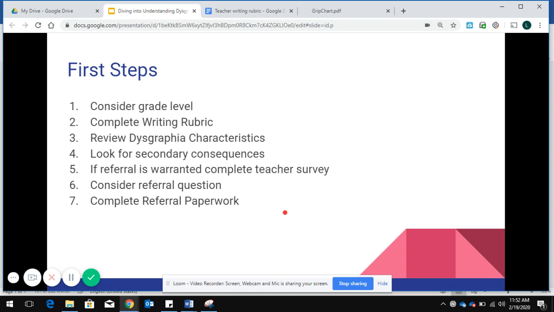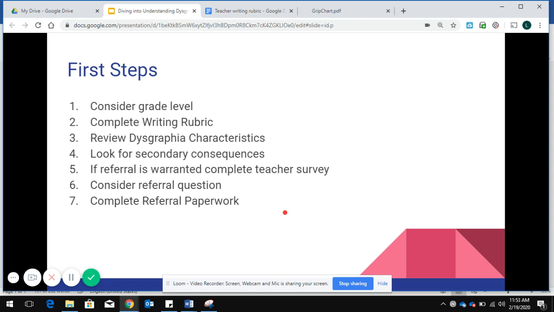When you're completing the writing rubric, it's very important to review the dysgraphia characteristics. Also, look at secondary consequences. Look at how the spelling is, how the written expression is. Then if after all this, you and your committee feel a referral is warranted, then complete the teacher survey.